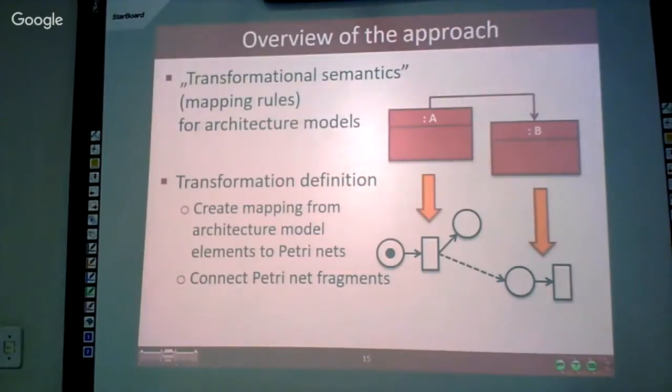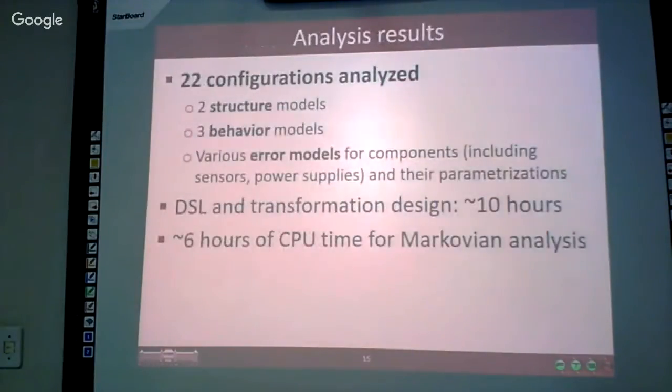So this way we could construct 22 configurations very easily. Actually, it was about 10 hours to develop all these models. Before that, it was 100 hours just to create one single analysis model. And we used 2 structure models, 3 behavior models, and various error models.